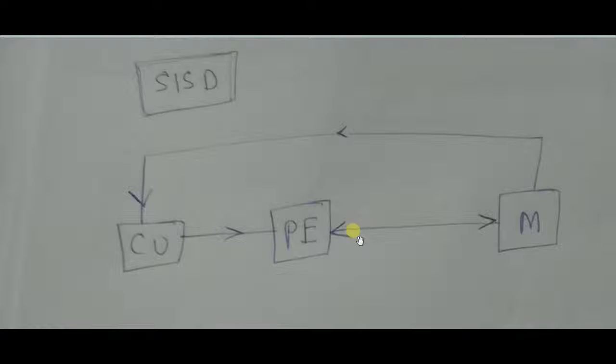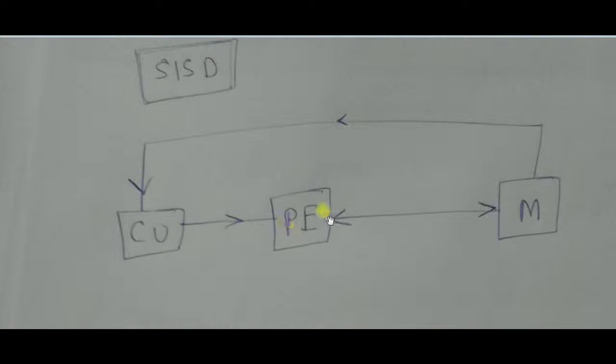That's why there's a both-sided arrow here. Now what does the processing unit do? For you to understand better, suppose you give the instruction A plus B. A and B are stored in the memory. The CU sends a signal for addition.